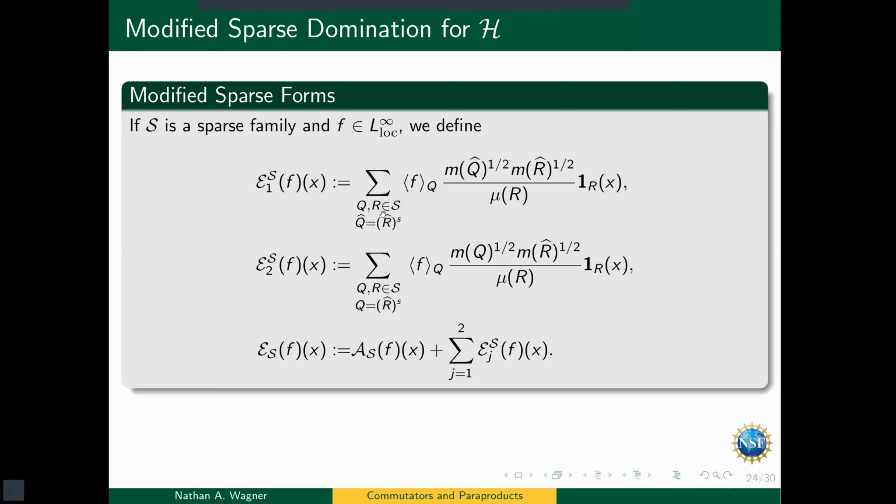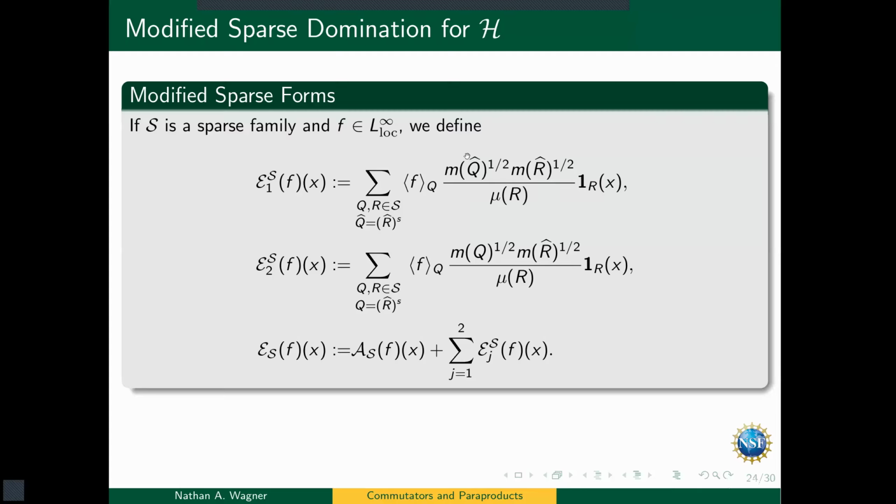And there's another one that comes up where instead the relation is Q is equal to R hat's sibling. And so in this case, one interval is like the dyadic uncle, or the dyadic aunt, if you prefer, of the other interval.